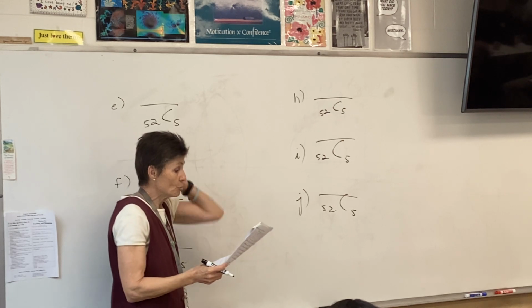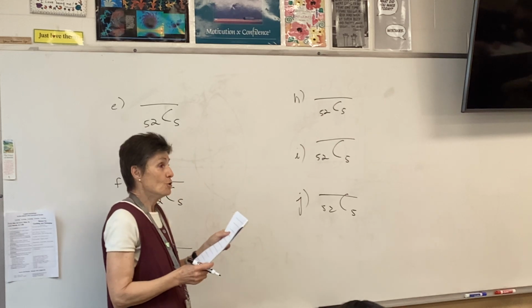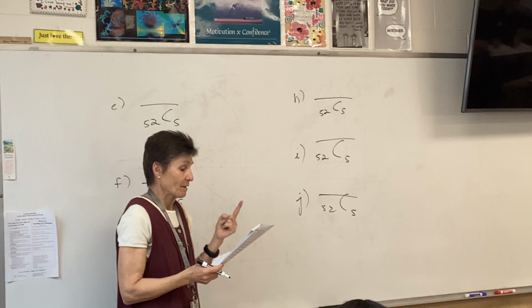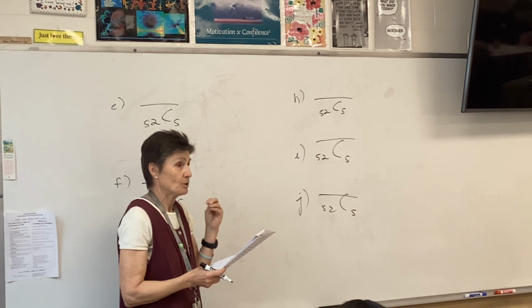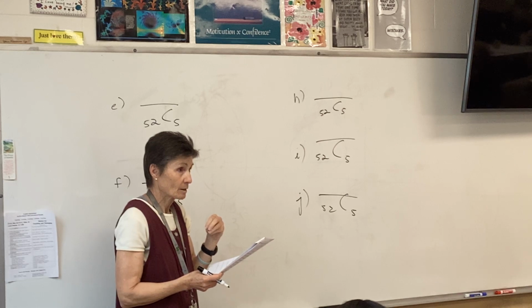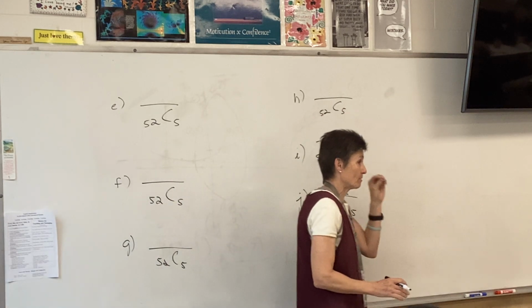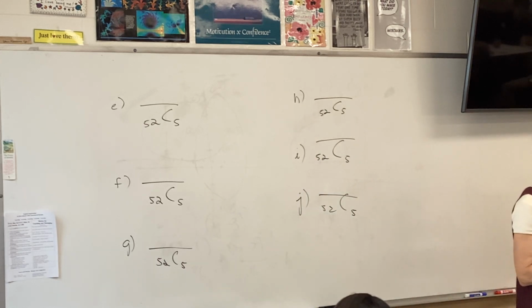Now let's look at the numerator for E. The numerator is going to be the number of ways that you can get 3 jacks and 2 kings. So you must get 3 jacks. Well, how many jacks are in the deck? 4. And you must get 3 of them.